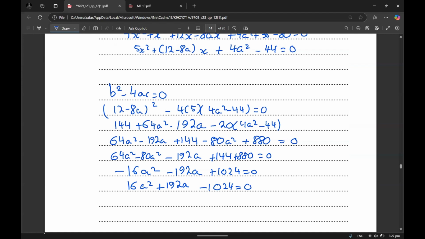Now we can take 4 common as well. If we take 4 common, we get 4a square plus 8... minus 56. I think we can take another 4 common: a square plus 12a minus 64.